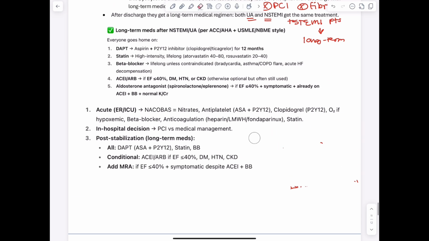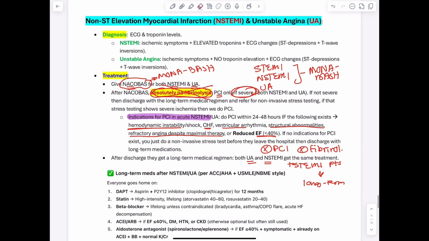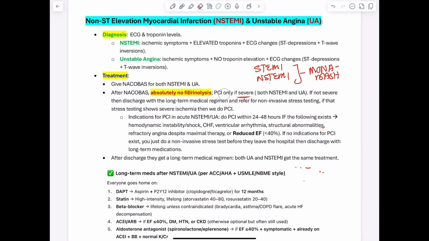So I'm going to do a quick summary just so we kind of wrap it up. We said that for all three, STEMI, NSTEMI, and unstable angina, you give them MONA BASH, or, if you want to use my mnemonic, I'm going to call it a mnemonic because, to be honest, I don't remember. If you want to use MONA BASH, or you can use NACOBA. Once you give them all of this, you want to reperfuse the heart.